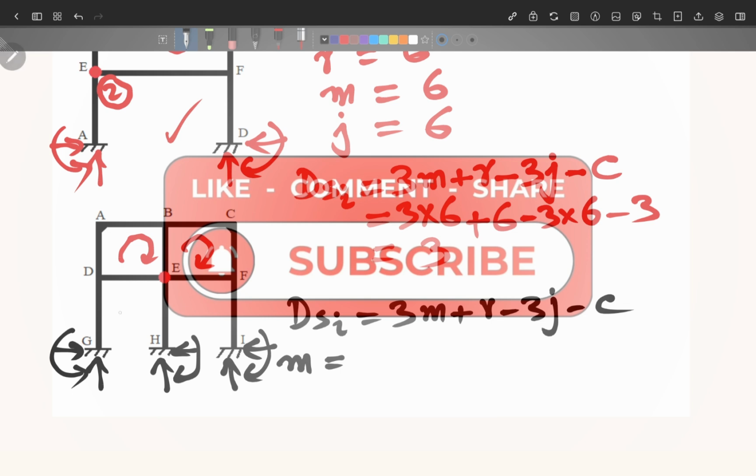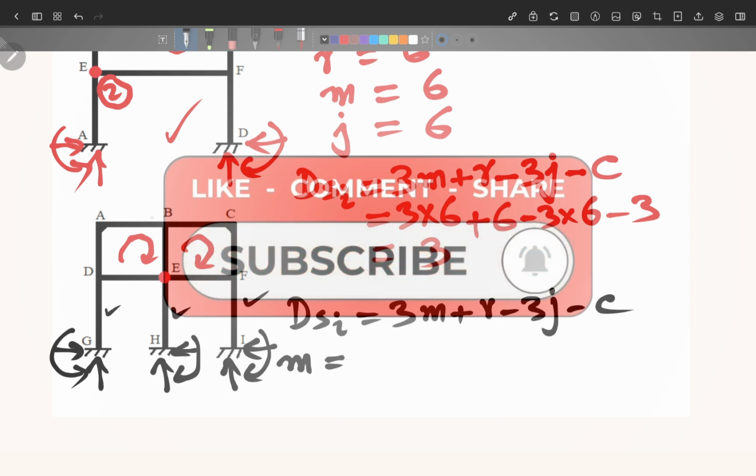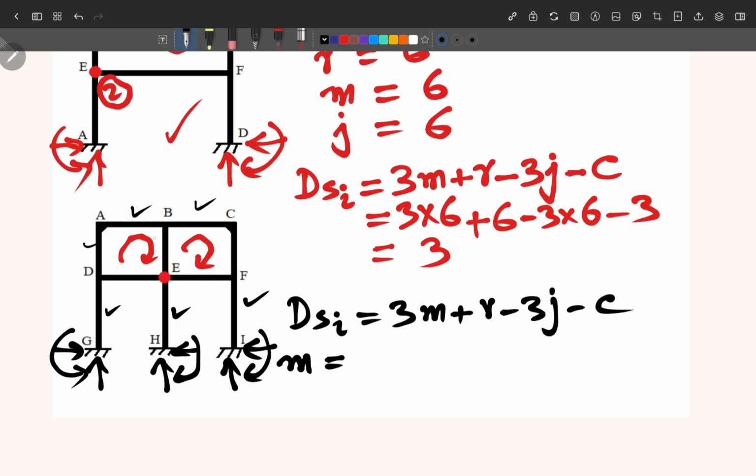If we count here, 1, 2, 3, 4, 5, 6, 7, 8, 9, 10. So m is equal to 10. R equal to 9. J equal to, now you count J, starting with A, B, C, D, E, F, G, H, I. Here E will be considered as a joint because it is connecting with these members and we are counting them as separate members here. So the joints are equal to 9 in this case.